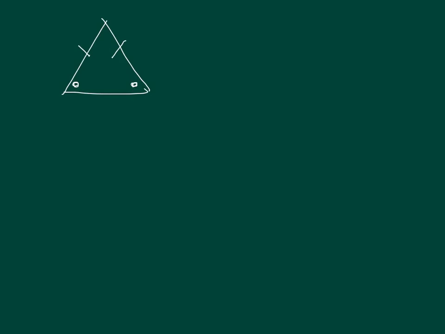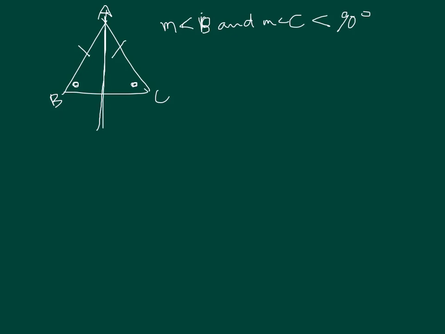So let's say angle B and angle C: measurement of angle B and measurement of angle C have to be less than 90 degrees. That tells us that the altitude has to be entirely inside of this triangle.